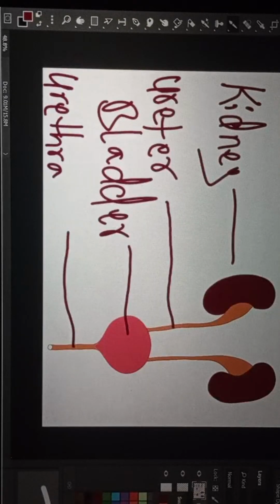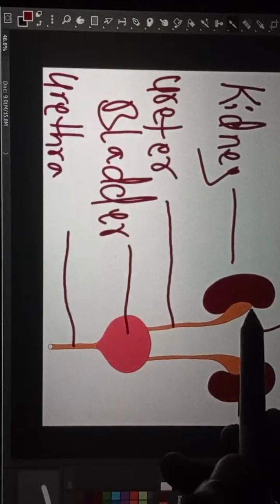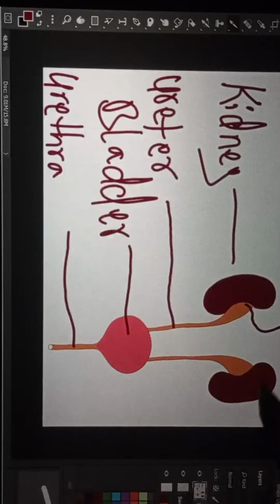We have ureters, because there are two, left and right, and the bladder, which is the storage side of urine. Kidneys filter blood. We have vessels here. We have the renal artery, which feeds the kidney, and the renal vein, which drains the kidneys.